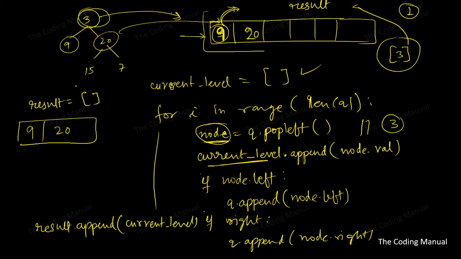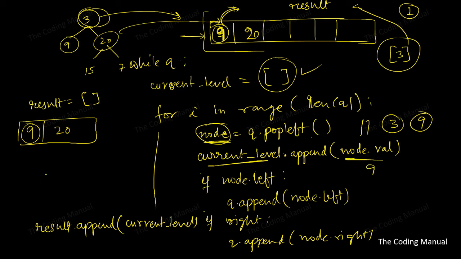Now we have 9 and 20 in the queue, and we will check while queue is not empty. So queue is not empty, so we will pop from the left side of the queue, q dot pop left, and we got 9. The current level becomes empty here, and we have got 9, so current level append will be 9.